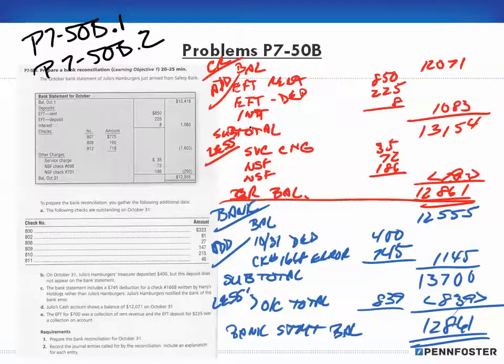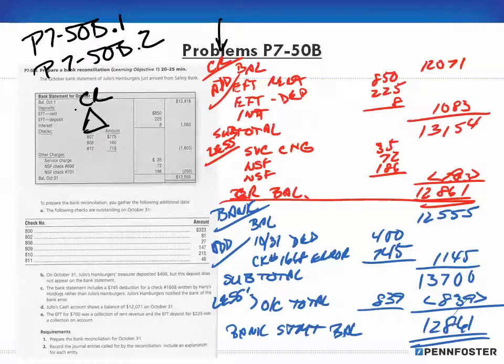Our journal entries deal with our cash account or our check register, meaning any adjustments that we have to make to our check register, we have to make a journal entry for and post it to our general ledger account. Because remember, in the theory video, I said the reason why we keep a check register is because we're paying attention to our cash manually.